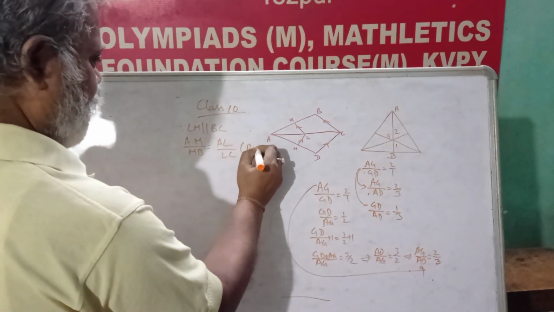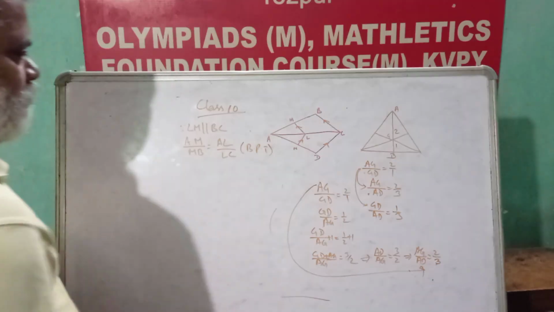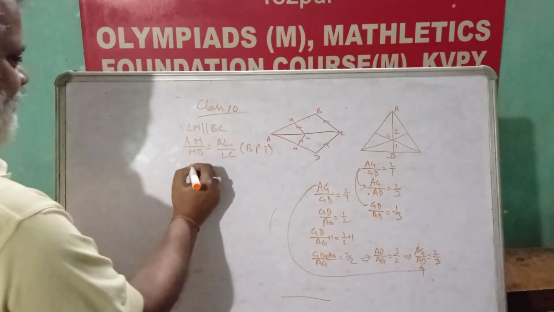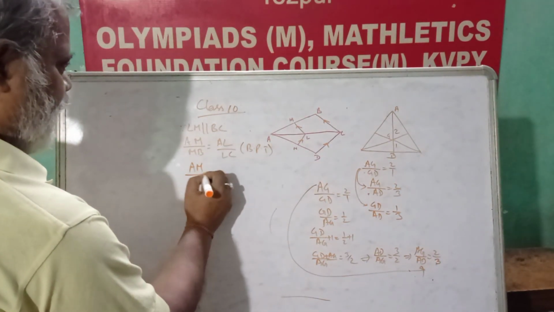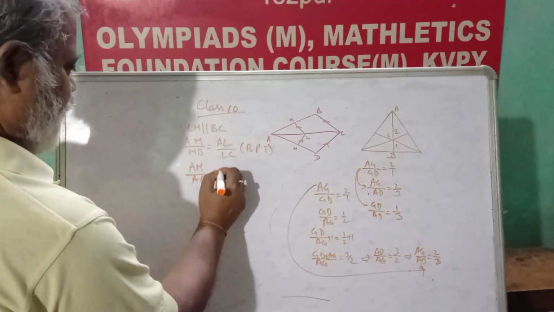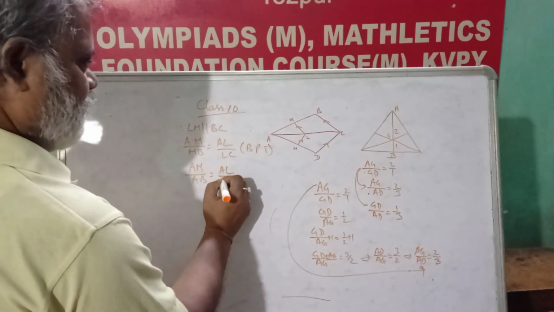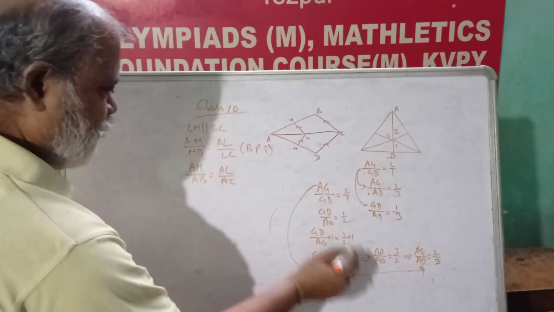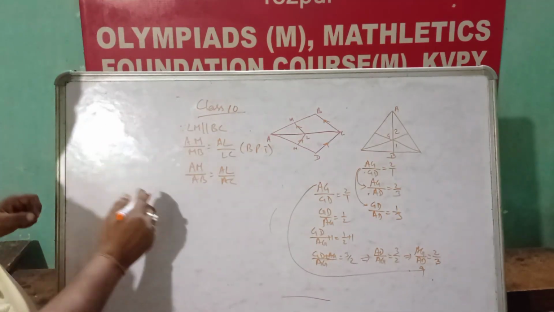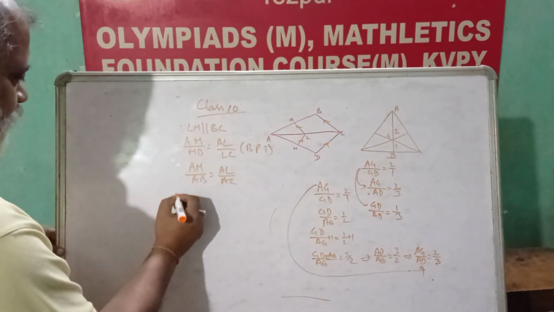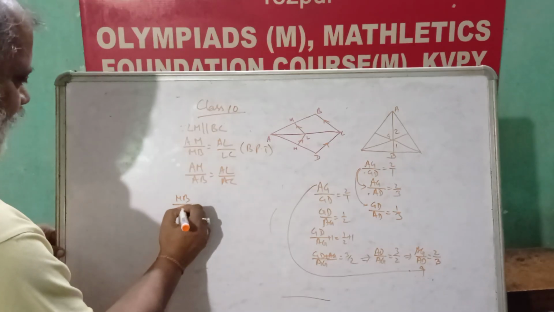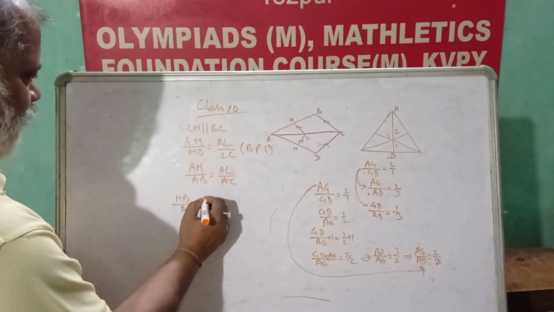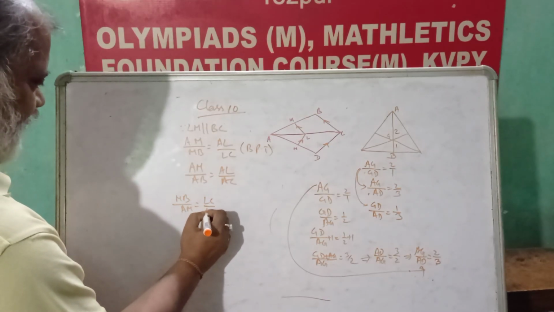From this statement, we can directly write that AM by AB is equal to AL by AC. We need not go through this process. That means the process I want to say: invert it, MB by AM is equal to LC by AL.